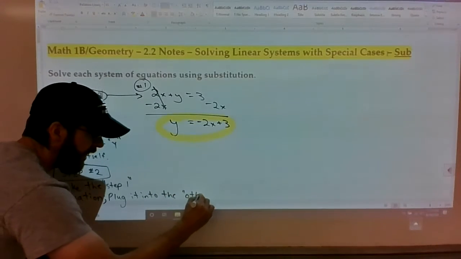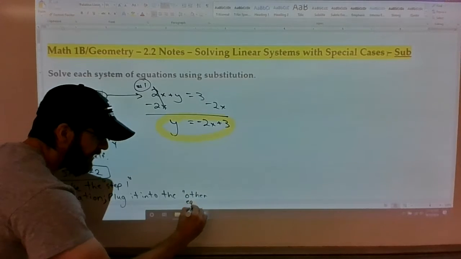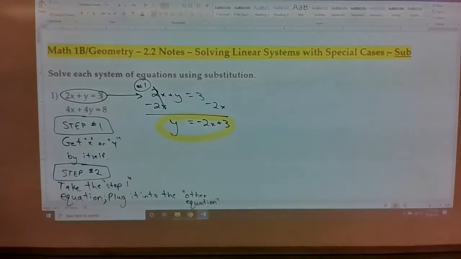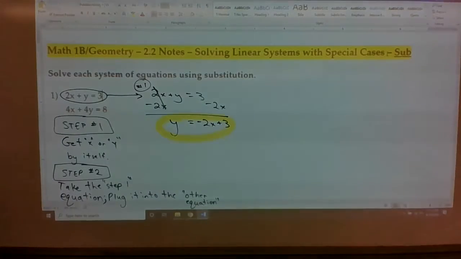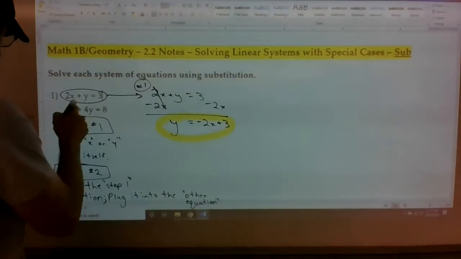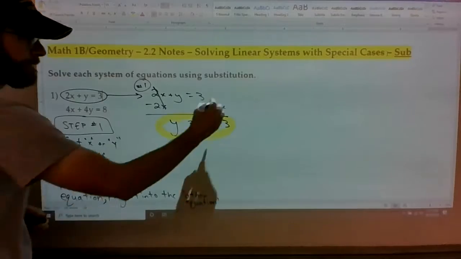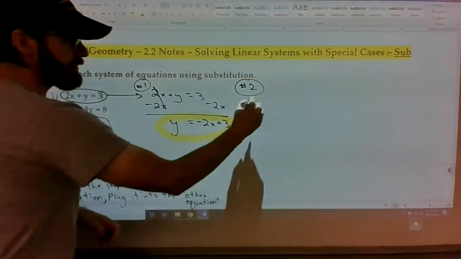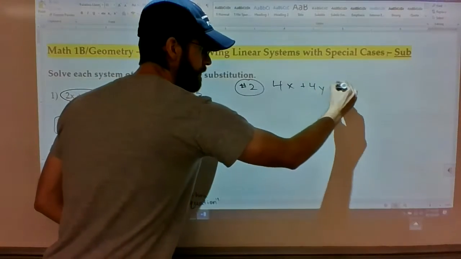I'll just call it the other equation. So the other equation is 4x plus 4y equals 8.